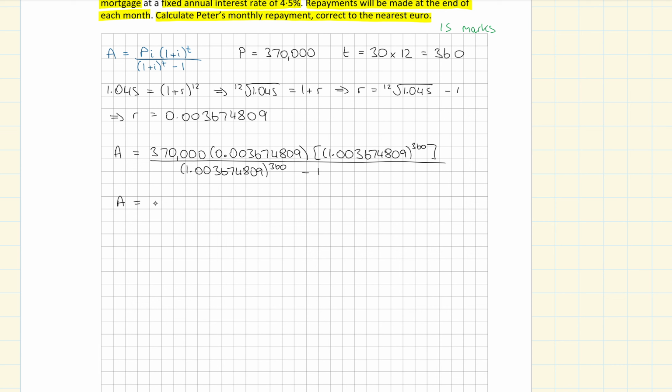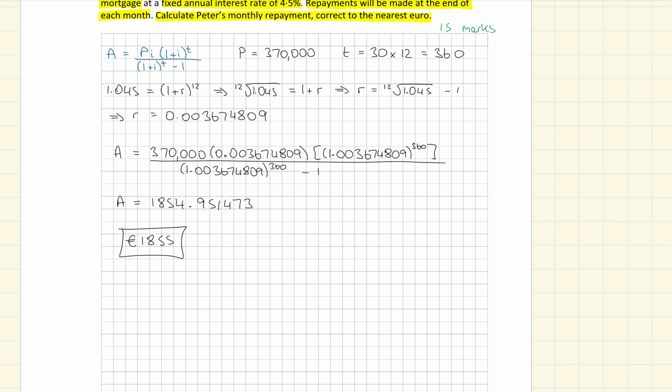So his monthly repayments are 1854.951473, and they say correct to the nearest euro. So that's 1855.